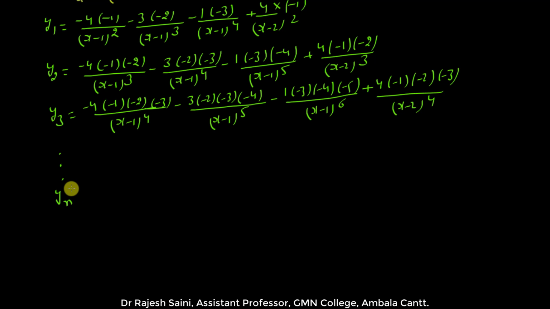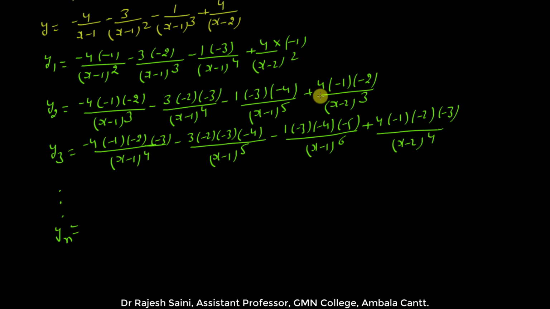Yn. Look over here. Minus 4 is a constant, so I'm not going to look at it. Minus 1 and minus 1. Here we have 3 minus signs, so it is equal to minus 1 raised to the power 3. When here is 3, here is minus 1 raised to the power 3, and 1 into 2 into 3 is 3 factorial. When here is 2, here is minus 1 raised to the power 2. When here is 1, here is minus 1 raised to the power 1.